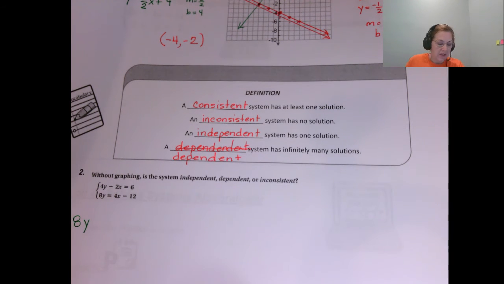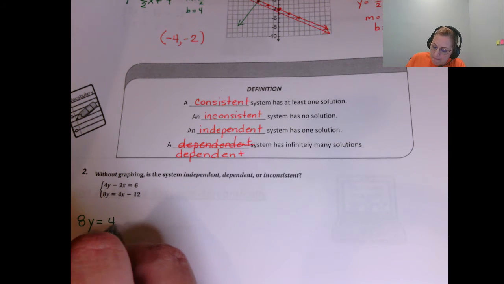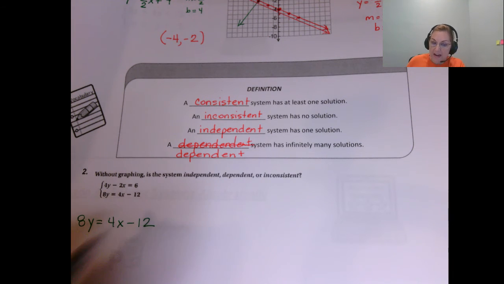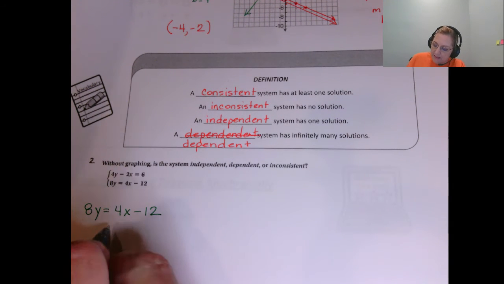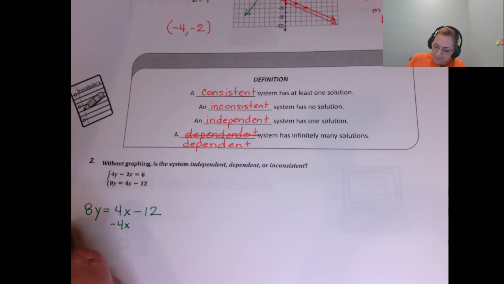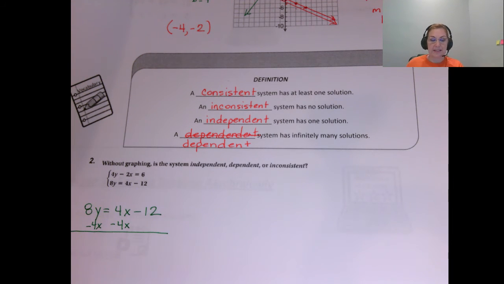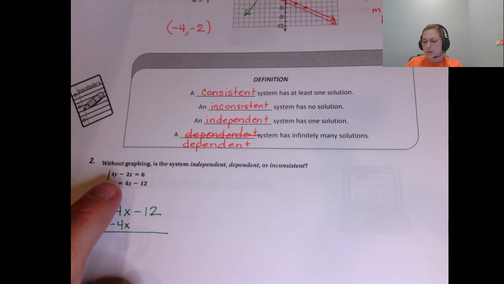So I'm going to take this equation and I'm going to move the 4x to the left by subtracting it. Now, I told you I like my x's to come first, but I noticed that my first equation has my y's coming first.